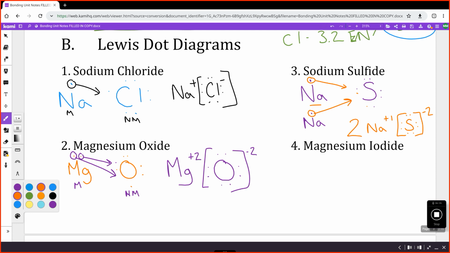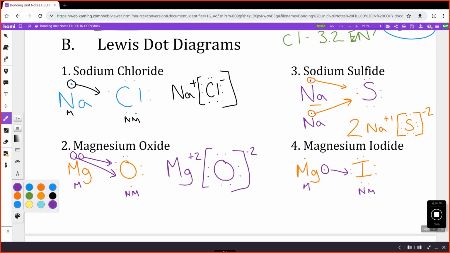And I'll do one last one, and then we'll get ourselves out of here. Magnesium with 2 valence electrons, and iodine with 7. The metal will always lose its electron to the nonmetal. And when it does that, iodine is actually complete. Iodine has 8 valence electrons.